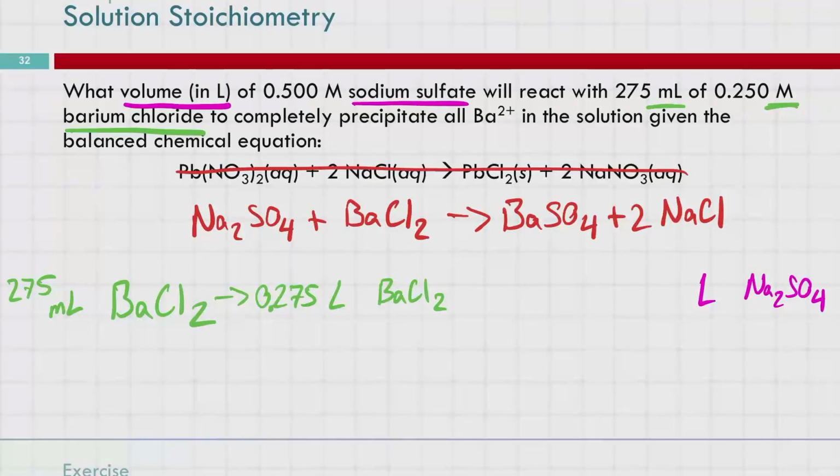In order to do stoichiometry, in order to change our chemical from barium chloride to sodium sulfate, what units do we have to have? To use this balanced chemical equation, what units do we have to have? Think of our friend who comes and joins us for all of our exams.